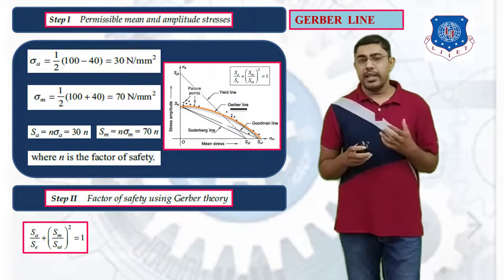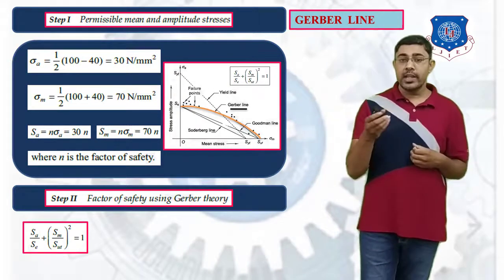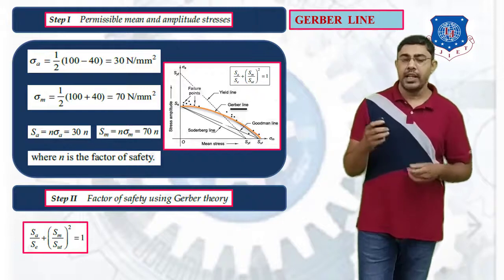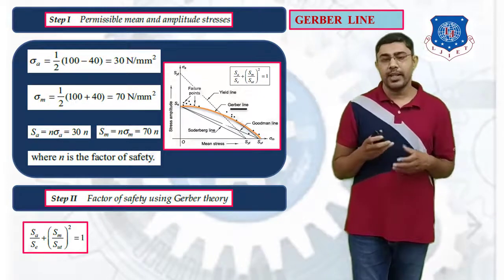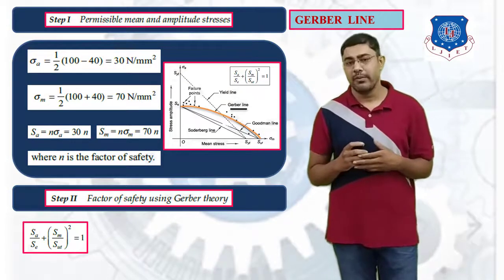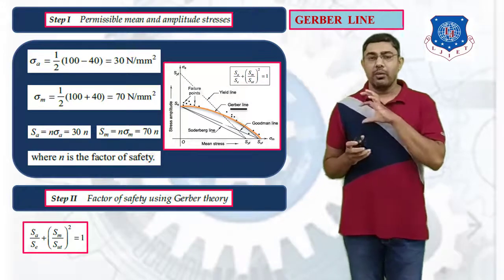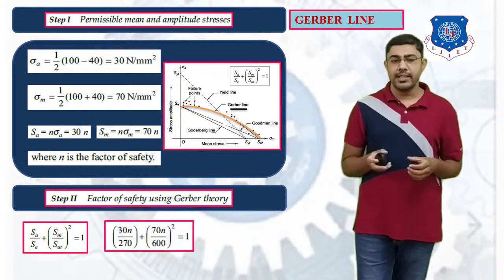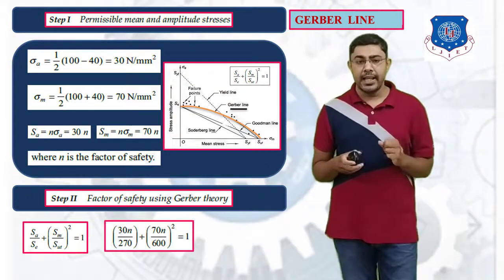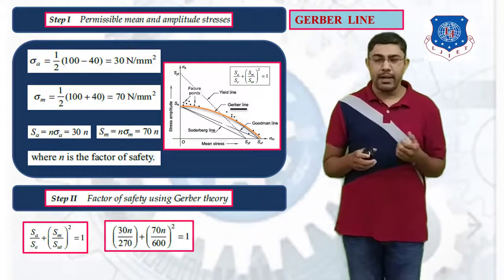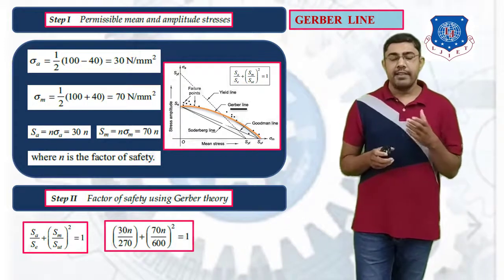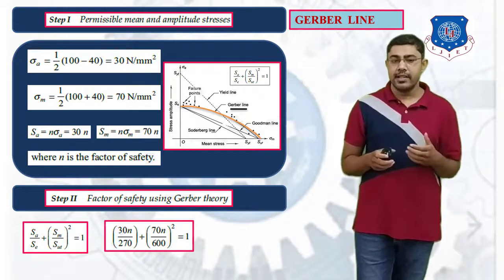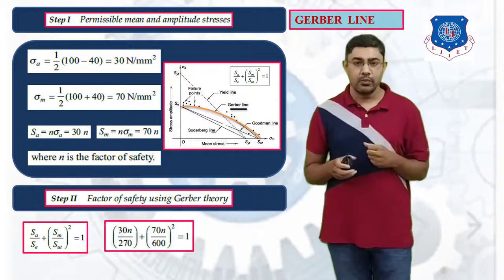AC is given in the problem as 270 Newton per mm square, and SUT is 600 Newton per mm square. Now we have all the values. By placing them, we get the Gerber line equation: 30 n divided by 270 plus 70 n divided by 600 whole squared is equal to 1.